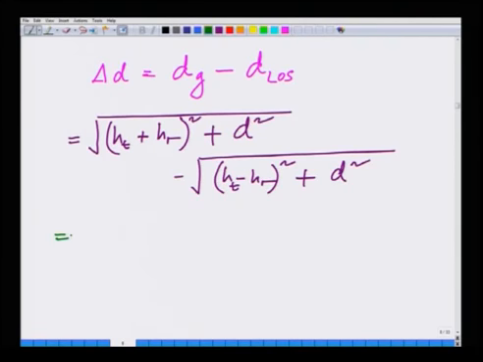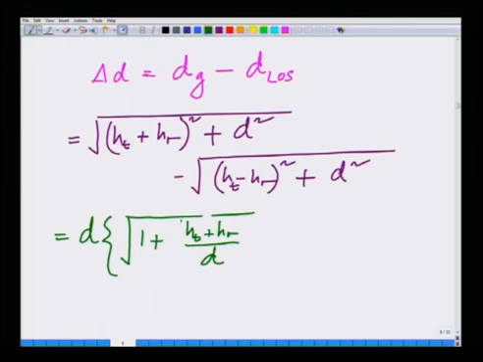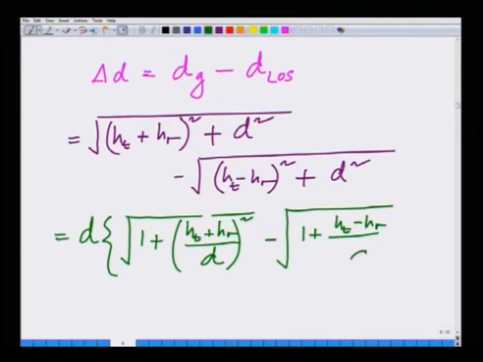If I take D common outside, this is D times square root of 1 plus ((HT plus HR) by D) whole square, minus square root of 1 plus ((HT minus HR) by D) whole square.